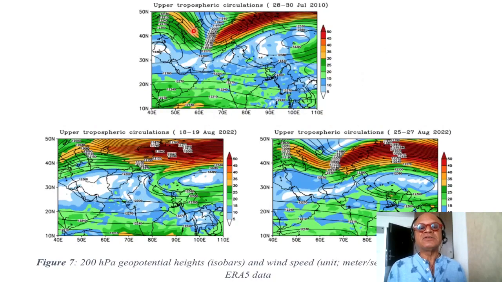Okay, there is also a contribution from the mid-latitude jet. You can see this is upper tropospheric circulation for 28 to 30 July 2010, for 18 to 19 August and 25 to 27 August 2022. So generally there is a relation between mid-latitude circulation and meandering of the jet stream.